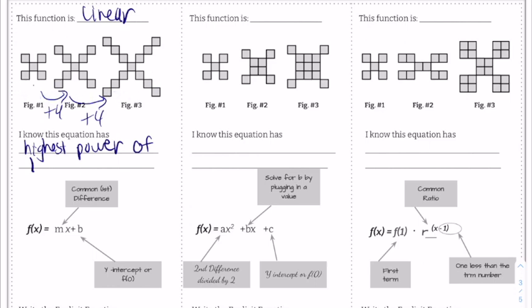So if there were 5 in this one, I would subtract 4 so that figure 0 would have 1, right? So then I'm going to do plus 1. Okay? So again, this first difference or common difference matches the m, and your y-intercept or your f of 0 matches the b.